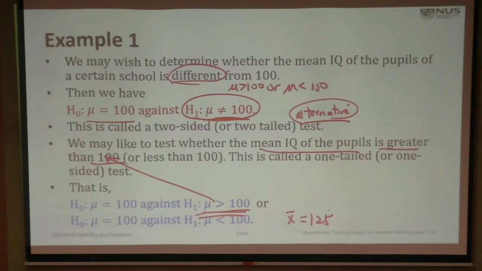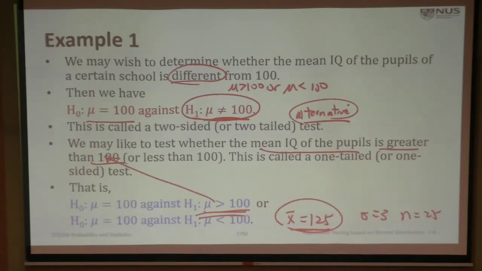Also assume sigma equal to 3, very small, and n equal to 25, for example. Then this is very unlikely to come from a population with mu equal to 100. Most likely mu is bigger than 100.